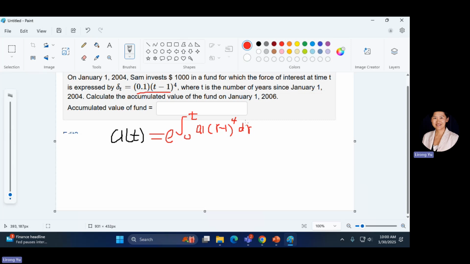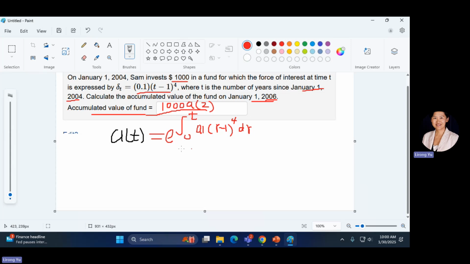That's our AT. We're going to try to find the AT. The actual calculation for the cumulative value of the 1,000 should be 1,000 times A2, accumulated for 2 years. From 2004 January to 2006 January, 2 years have passed. So if you want to calculate the final answer, you have to know AT to begin with.